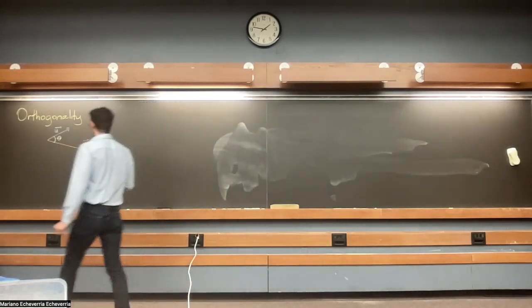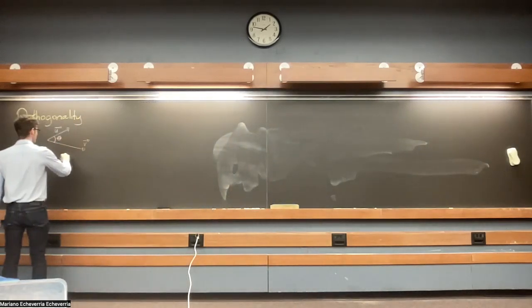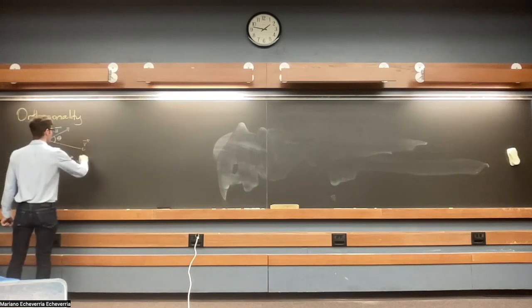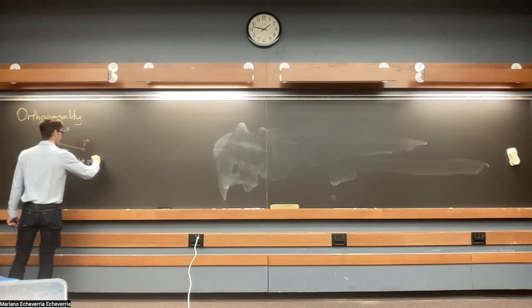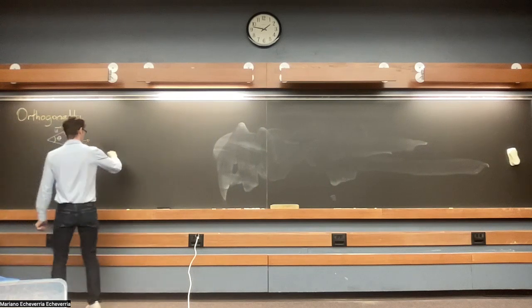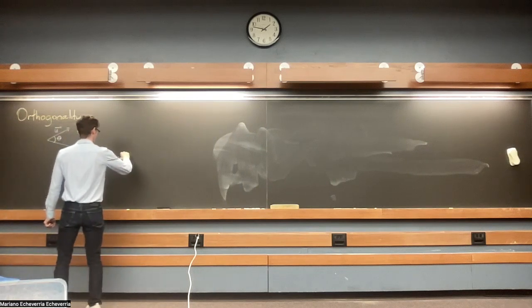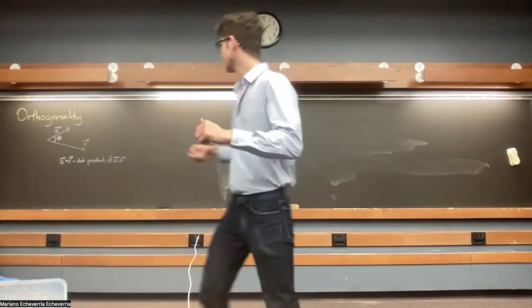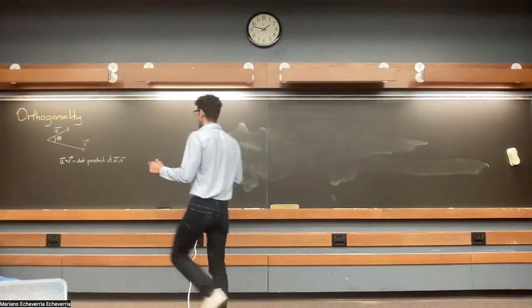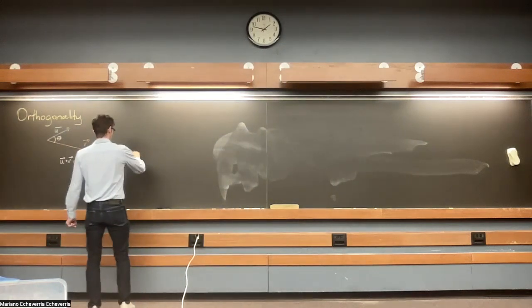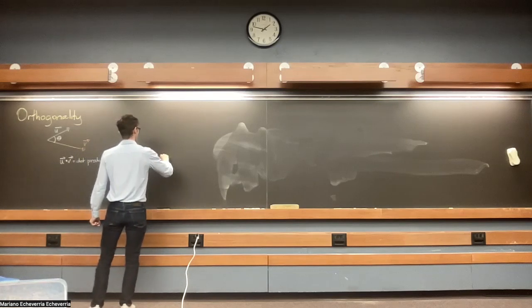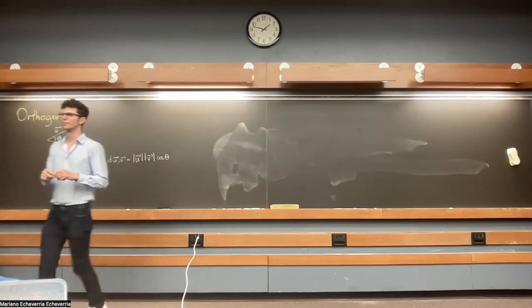The idea of the dot product is that u dot v, which is called the dot or scalar product of u and v, is basically the product of the length of the vectors times the cosine of the angle between them.